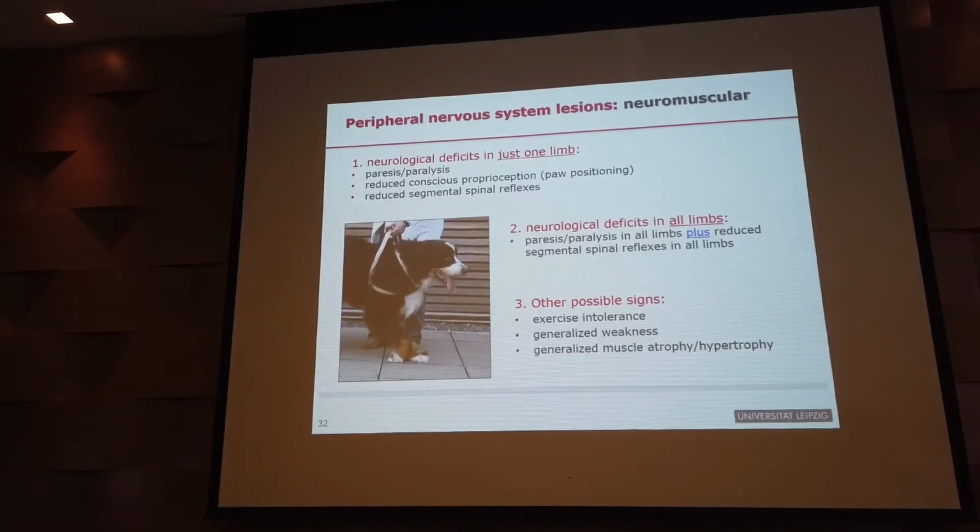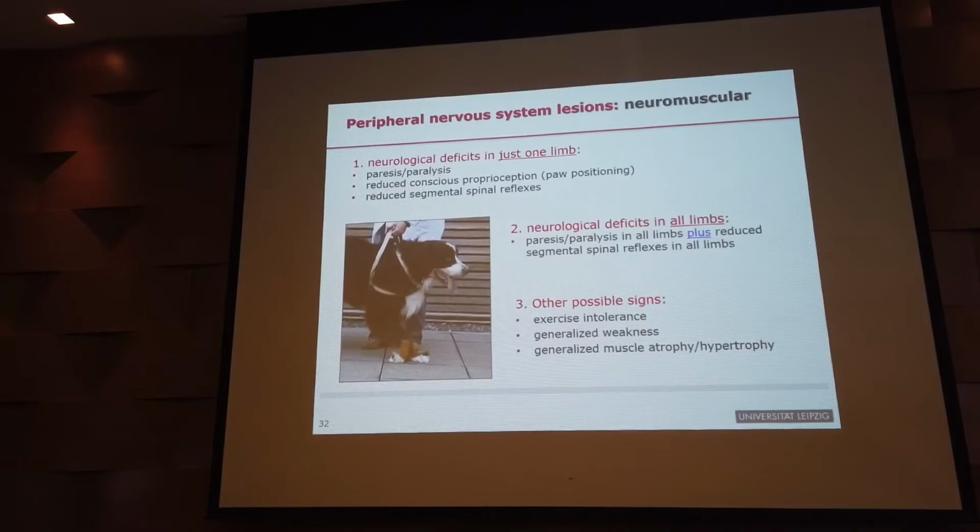If it is really going fast, if the owner is sure that the muscle atrophy happened within 1 week, that could be a hint that you are dealing with a peripheral nervous system disease. If it is more muscle atrophy over months, every animal that is not really walking around a whole lot because it's sick may get muscle atrophy, but fast muscle atrophy can help you.